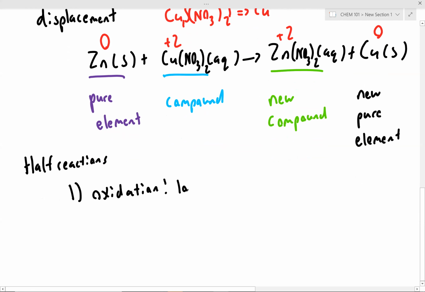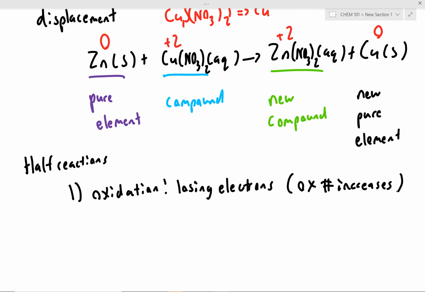So we're going to look at what species is losing electrons, or whose oxidation number increases. What species in this chemical reaction, if we compare the left and the right-hand side, has lost electrons? Which of these species has an oxidation number that, as we go from reactants to products, has become more positive?